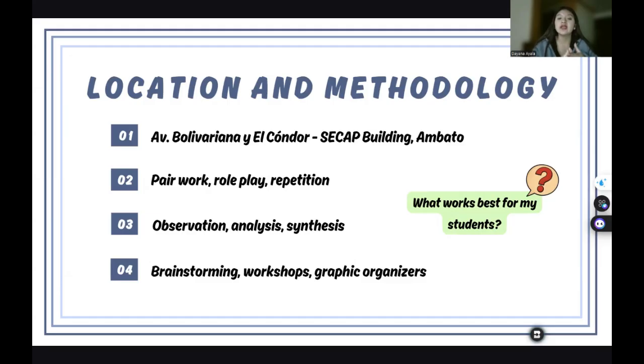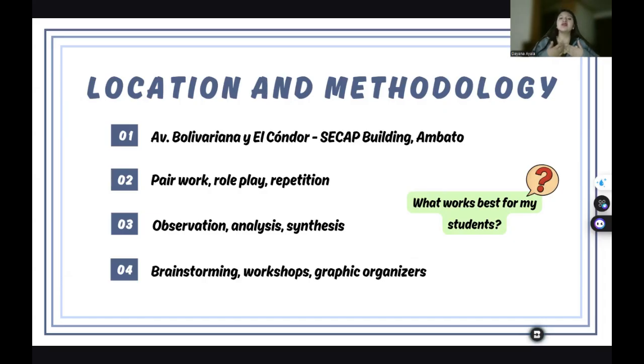For that, it is really important to take into account this question: what worked best for my students? You know your students, so you need to identify which activities, techniques and strategies work best in your context, in your institution. With this, you can start identifying the activities you can use.